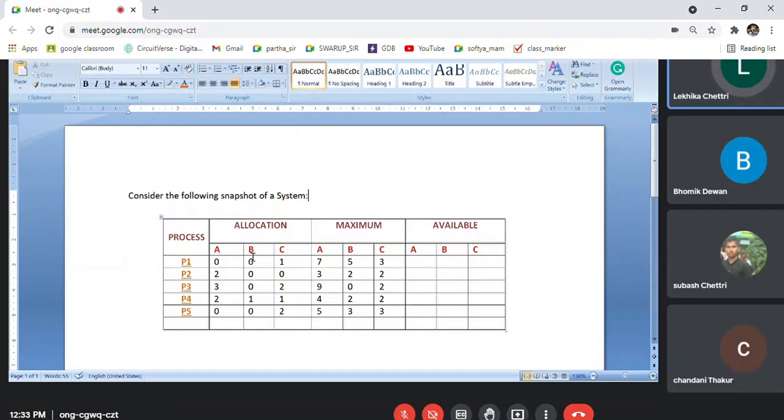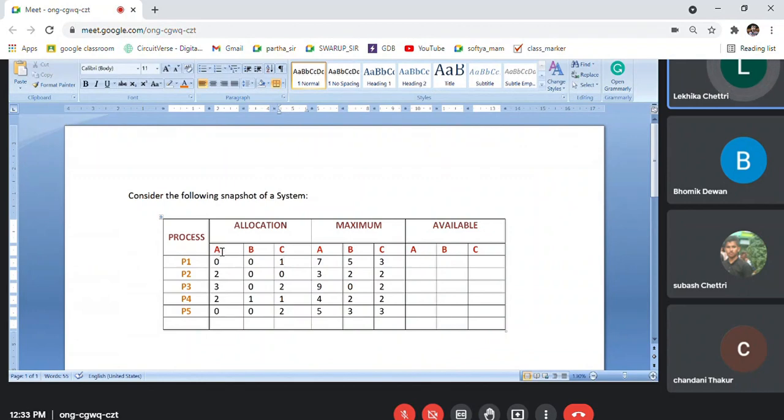Let us say this is keyboard, this is mouse, this is my CPU, anything. These processes may be allocated these resources, but the question is what are the resources that they need. Let us say process P1 is allocated 0 resources of A.